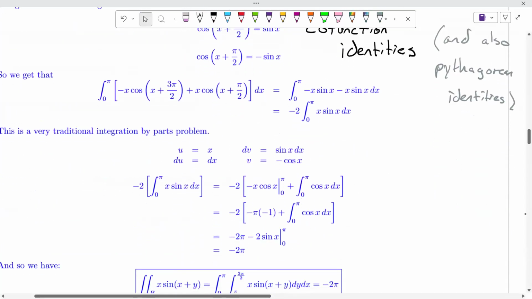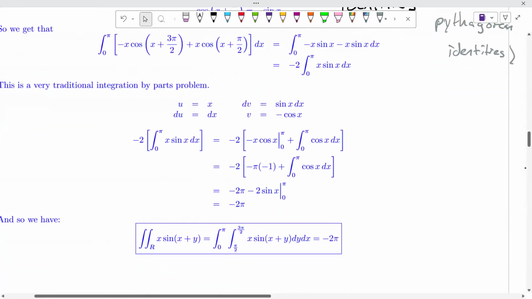First, we're simplifying our integral down to just x times sine x. That's why we brought in the cofunction identities, because it gave us a slightly nicer integral to look at. But then it's just integration by parts to ultimately solve this thing the rest of the way out.